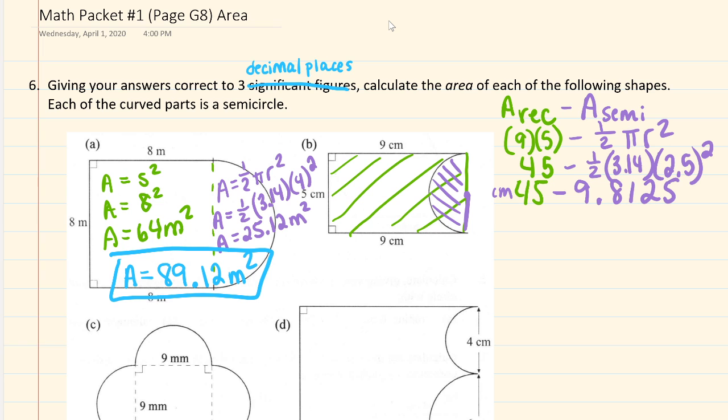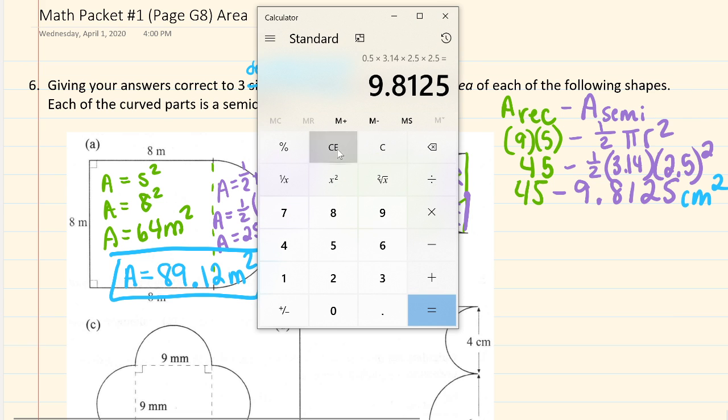Okay, now, what are we talking about here? Centimeters. Square centimeters. Now we'll just have to subtract those. So 45 minus 9.8125, 35.1875.